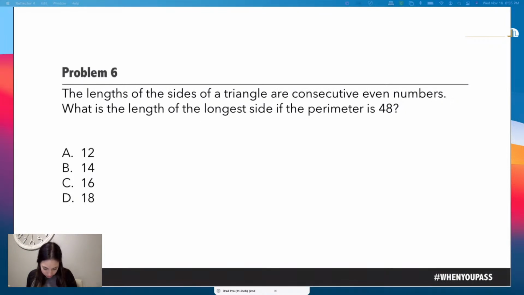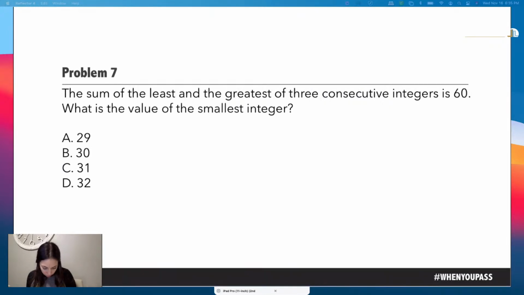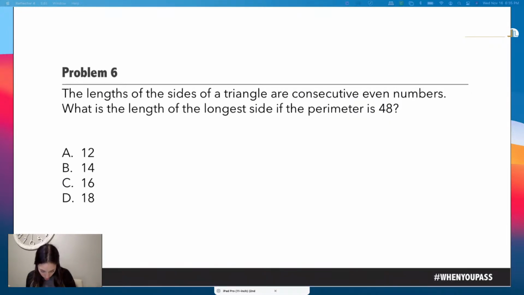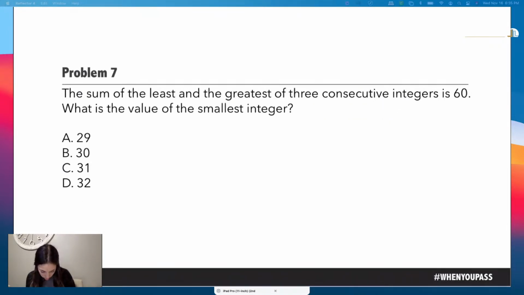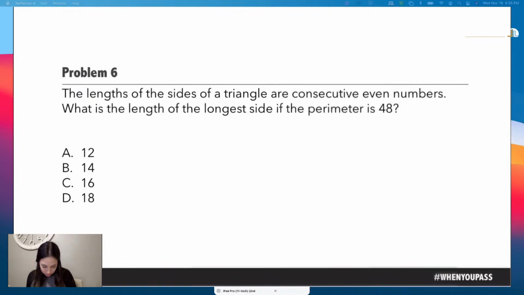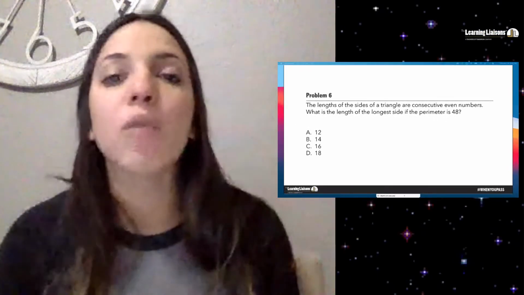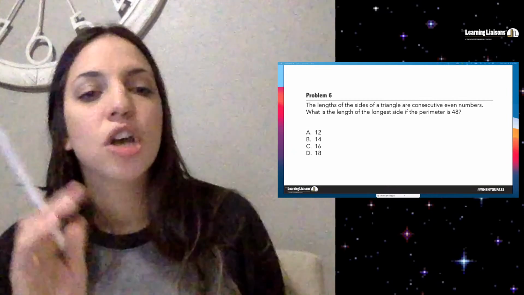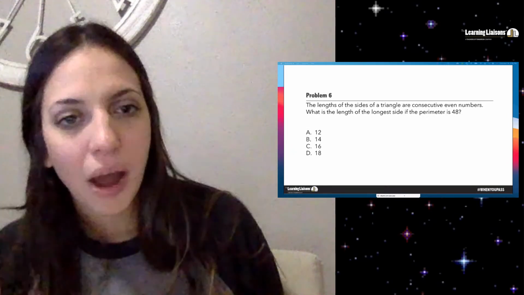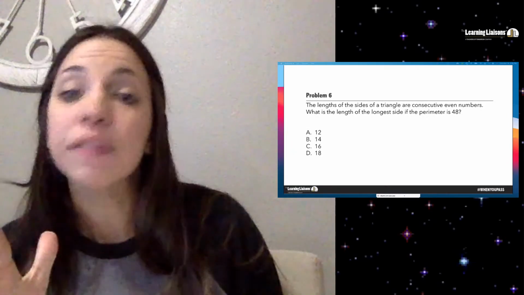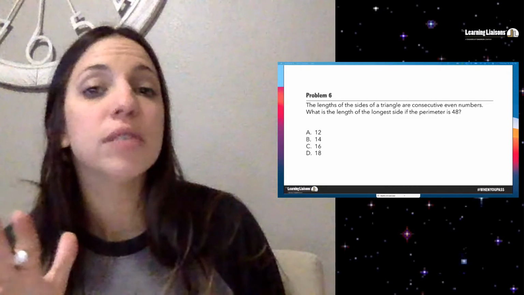All right, the next 4 problems are all consecutive integer problems. Someone specifically asked for consecutive integer problems because these are really confusing, so I said, absolutely.